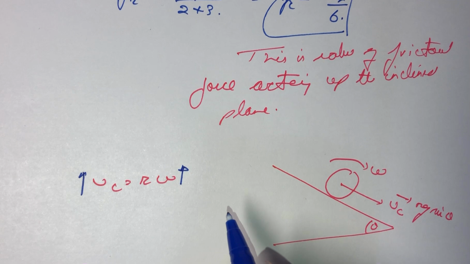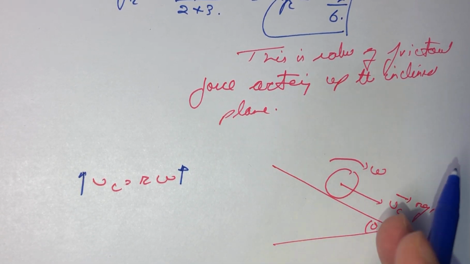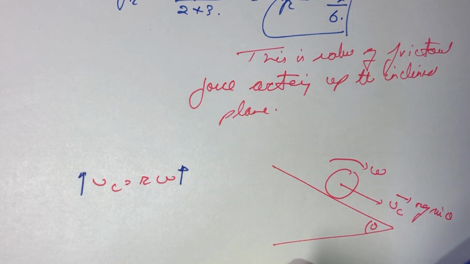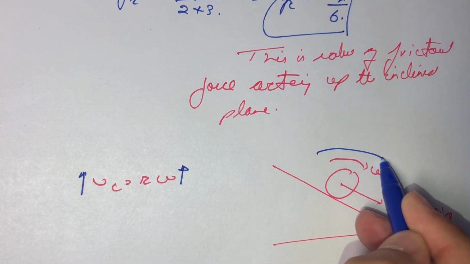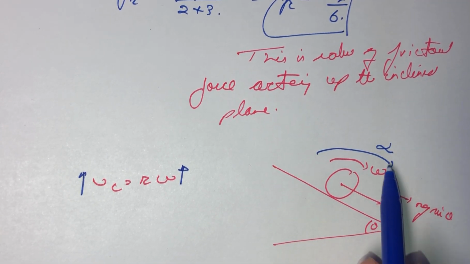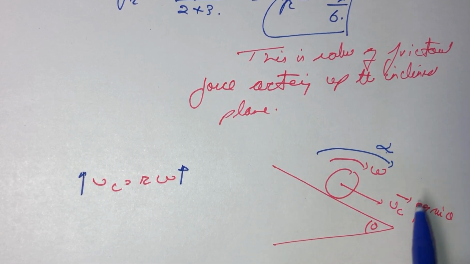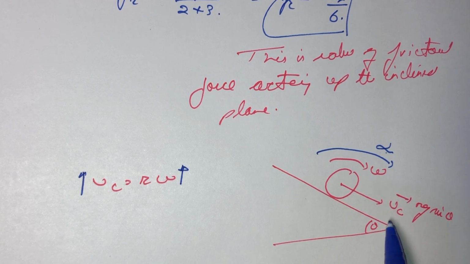So if omega is to increase, the torque will be produced in such a way that the angular acceleration facilitates the increase in the angular velocity. So once again the angular velocity will be in this direction, so that our angular acceleration will also be in the same direction as that of angular velocity, so that the angular velocity goes on increasing continuously, because our center of mass velocity is also increasing.